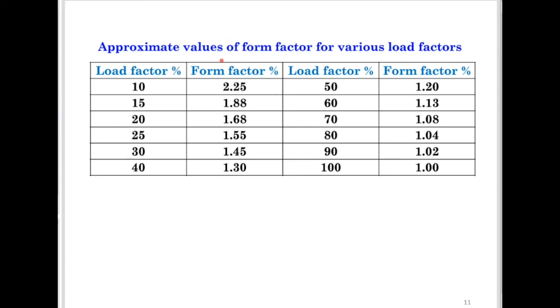If we get a pure sine wave that we talked about earlier, the average value is 0.637 times the maximum value, and the RMS value is 0.707 times the maximum value. What will be the form factor of a pure sine wave? The form factor is the ratio of RMS to the average.